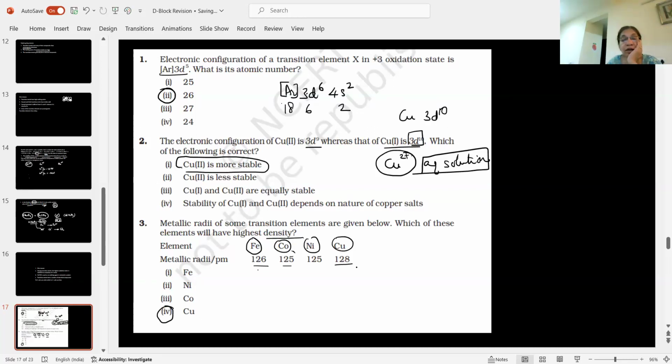Why did you say it is iron? Density is mass by volume, right? So here this is the highest volume. How can it be copper? But the mass of copper may be much higher. I don't know. I'll have to look up this answer and tell you a good reason.